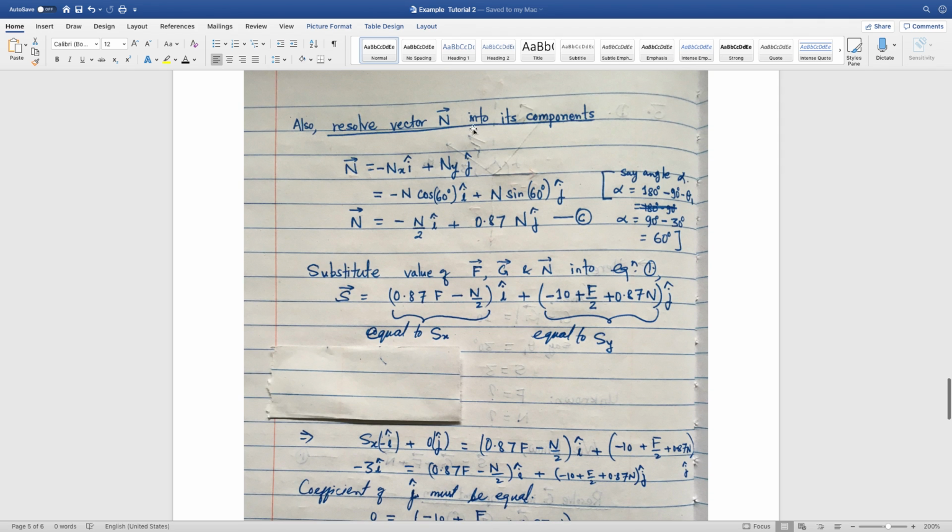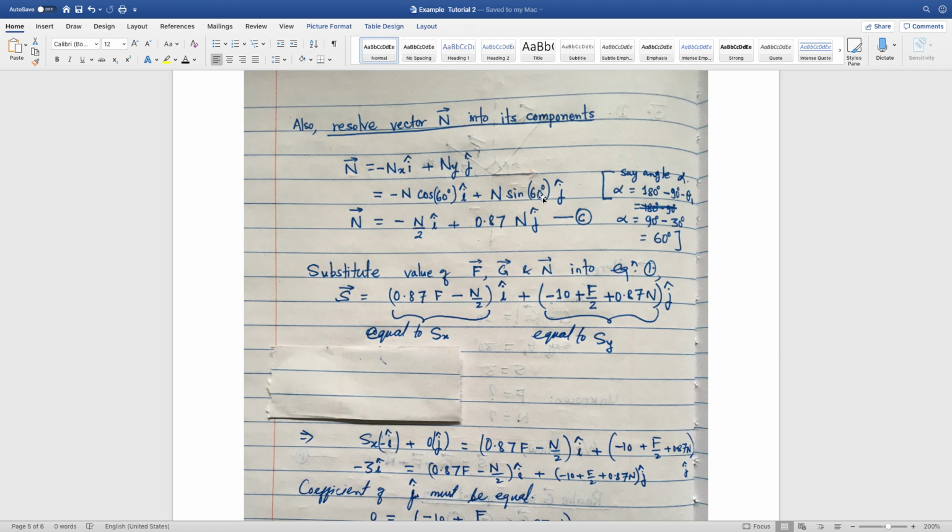So when we resolve this vector n into its component form, we get negative nx i hat plus ny j hat, and then this again, nx is really n cos alpha. In place of alpha we have 60 degrees here, and i hat as it is, plus ny is n sine alpha.